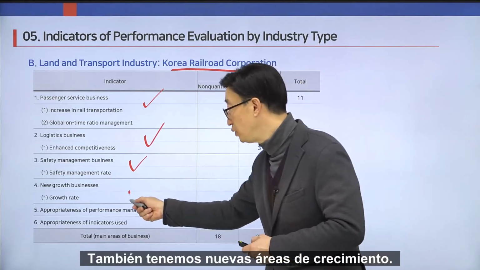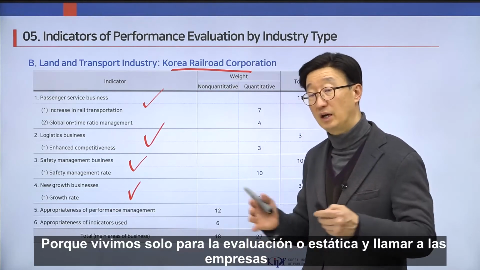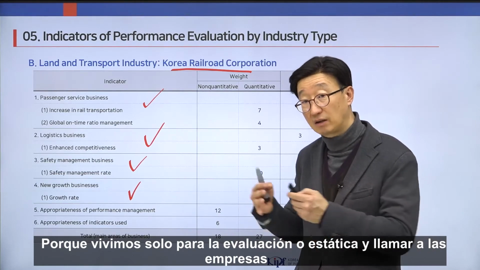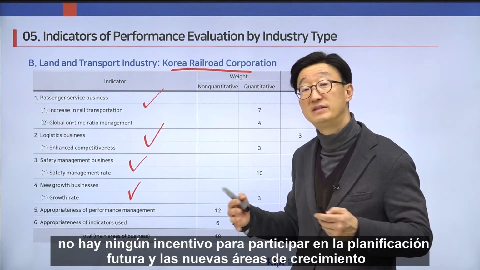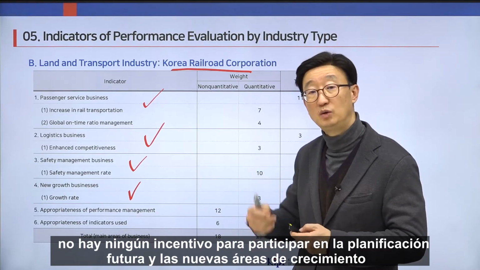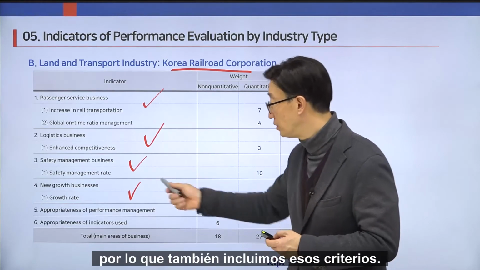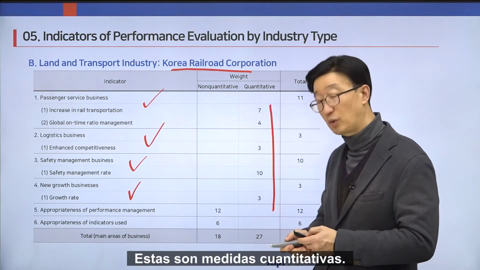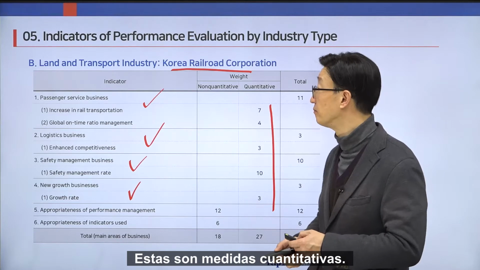We also have new growth areas, because if we leave only for the evaluation on static and current businesses, they have no incentive to be involved in future planning and new growth areas. So we also include those criteria. So mainly these are quantitative measures.